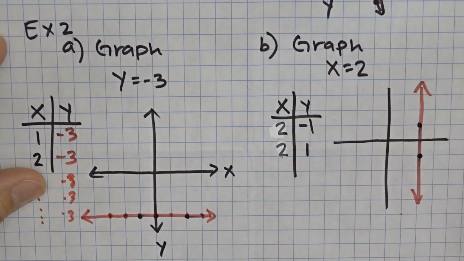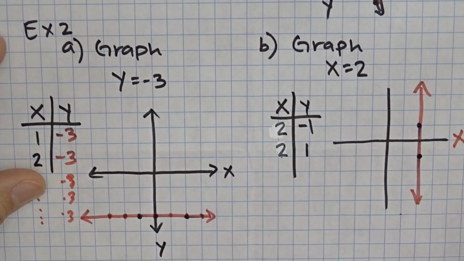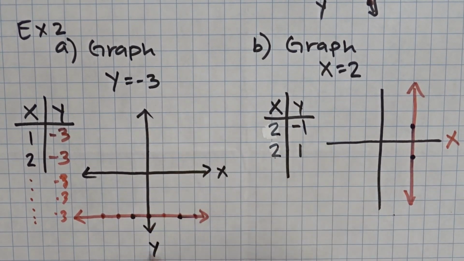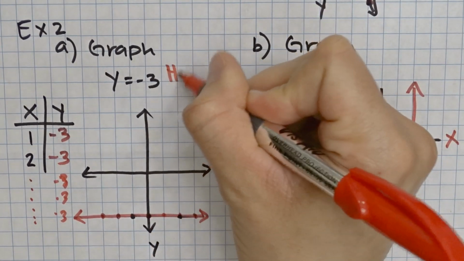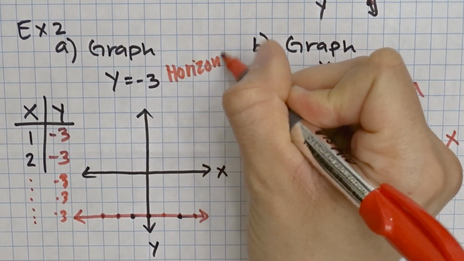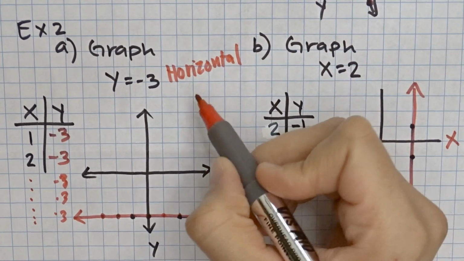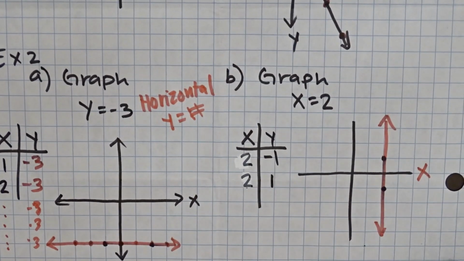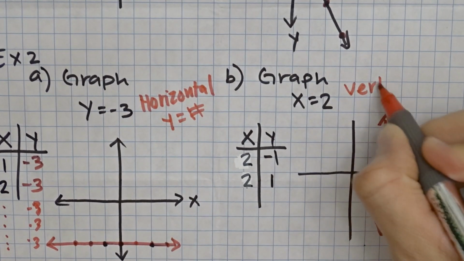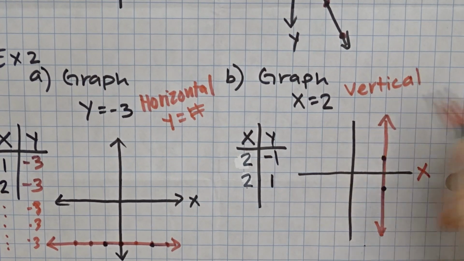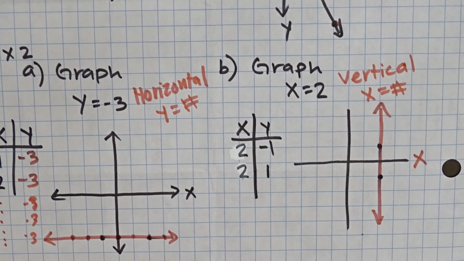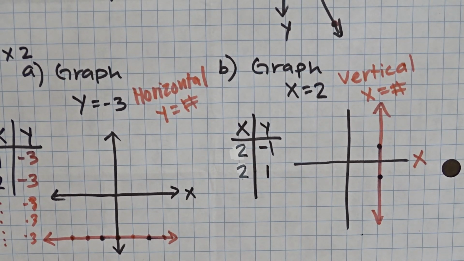If you have an x equals equation, it's going to cross the x-axis at that number. So, these are going to be horizontal, or the y equals a number, and the vertical are going to be x equals some number. So that's a simple, easy rule to remember.